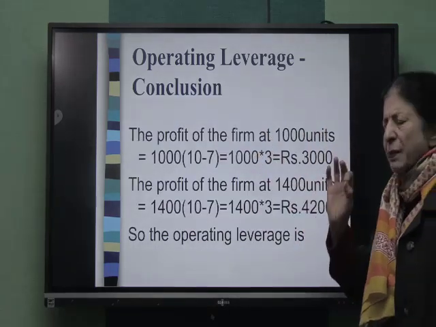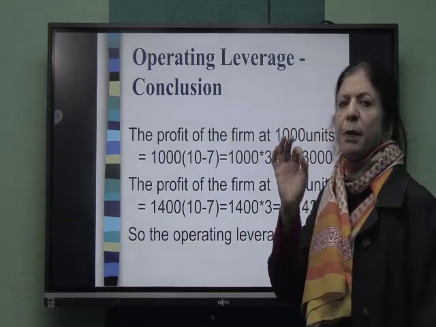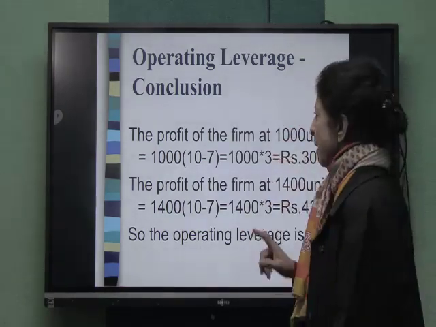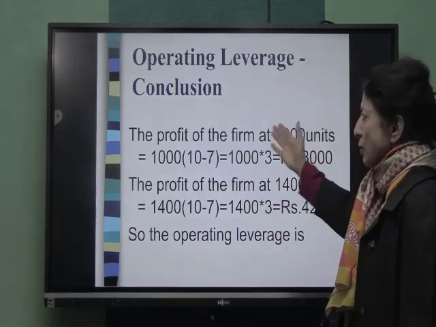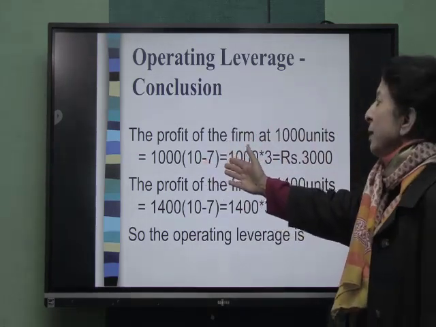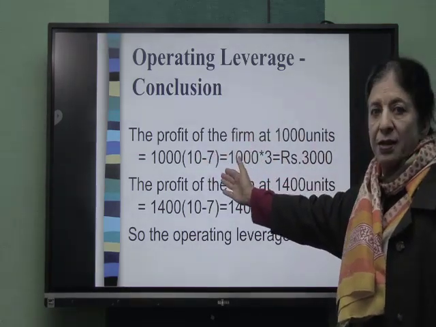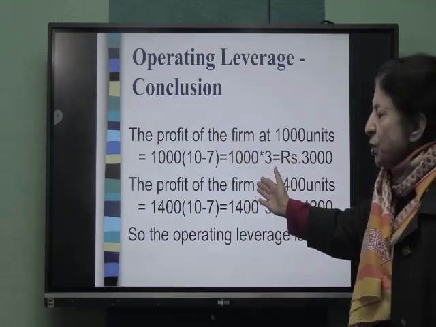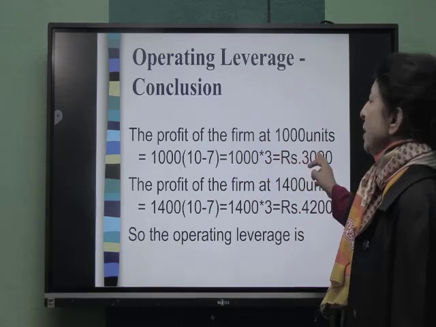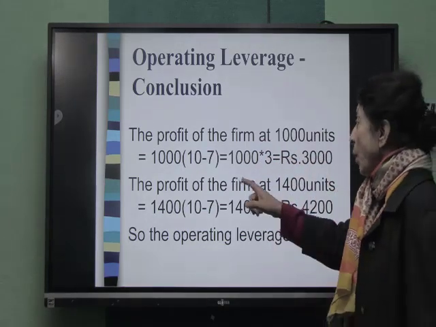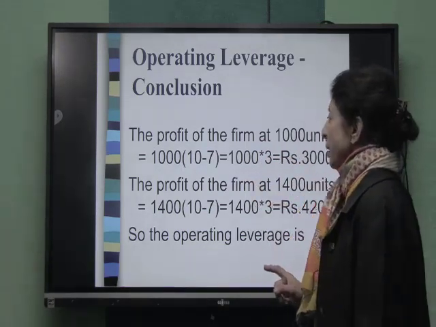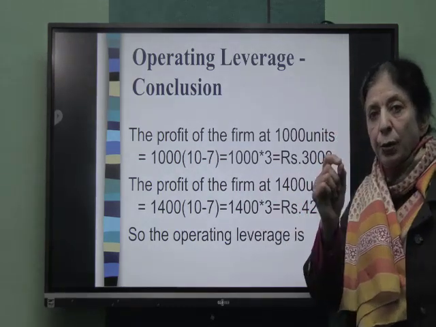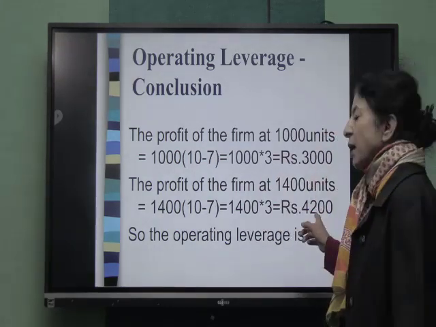Very simple. I want to highlight one of the most important points in the case of leverage. The profit of the firm at 1000 units is very simple: 1000 units into 10 minus 7, because 7 was the variable cost, and 3 rupees is the contribution. Take 1000 into 3, that gives you 3000. The profit of the firm at 1400 units would be again 1400 units into rupees 3. That comes out to be 4200.